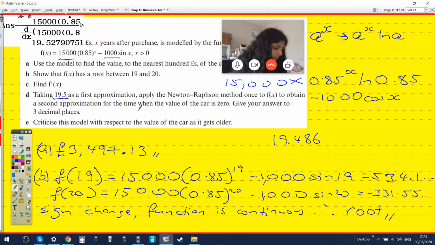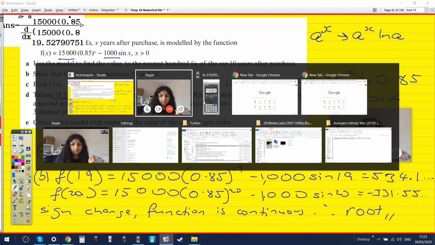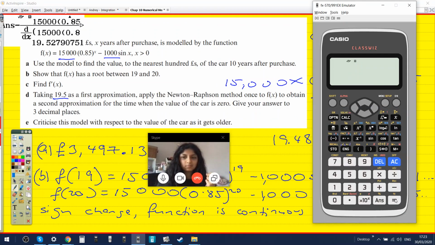Part A. The value of the car is going to decrease as it gets older, but it's not going to be negative. I'm just going to keep pressing equal on my calculator.